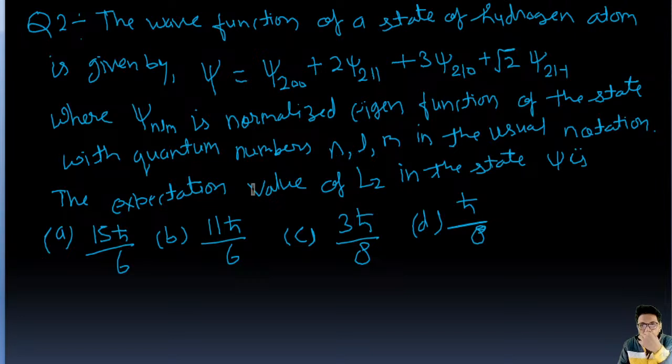And we need to find the expectation value of Lz, the z component of angular momentum, in the state psi. Very simple. So we'll start in the next page. Solution.